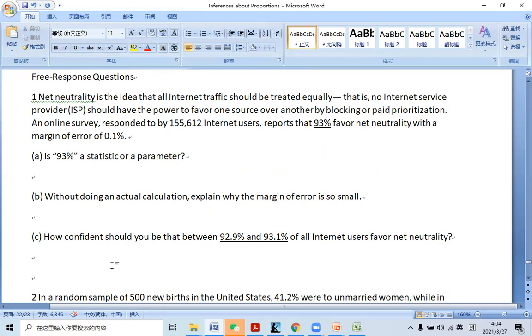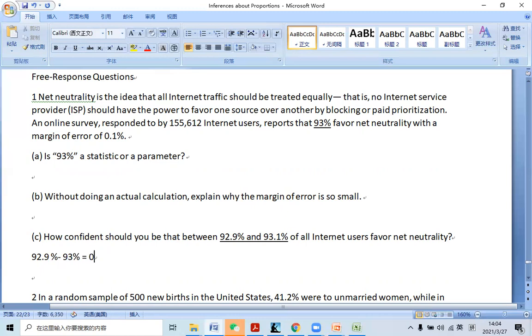So 92.9 minus 93, what is the proportion?